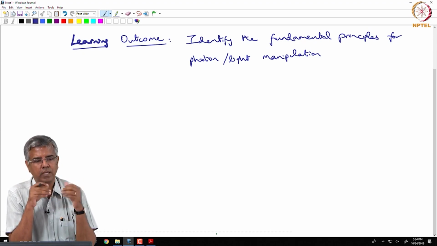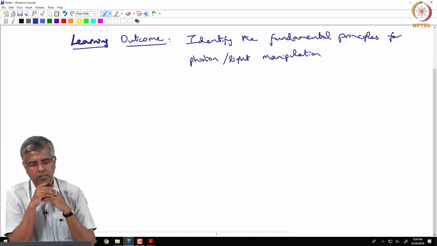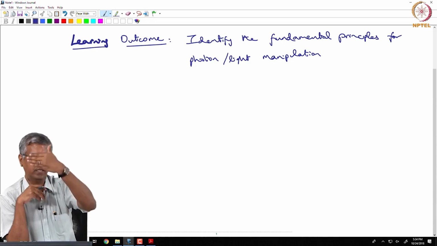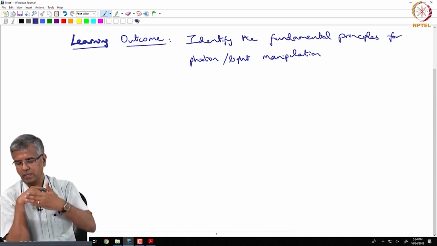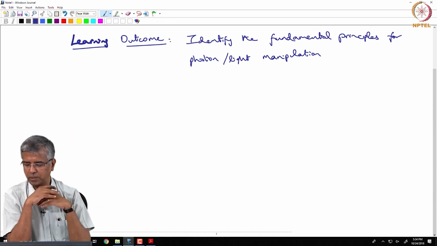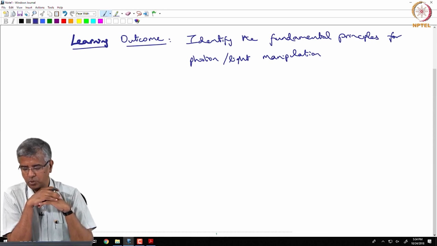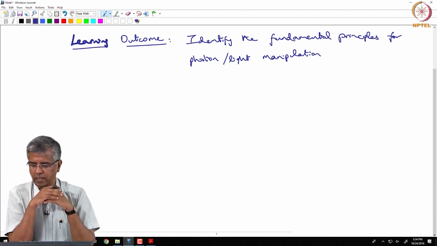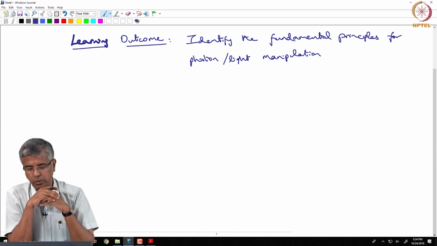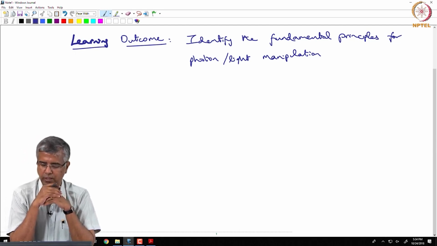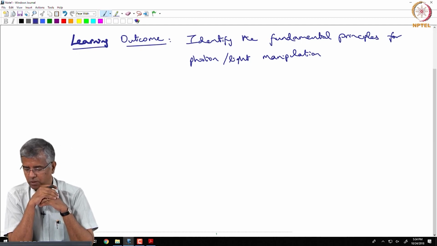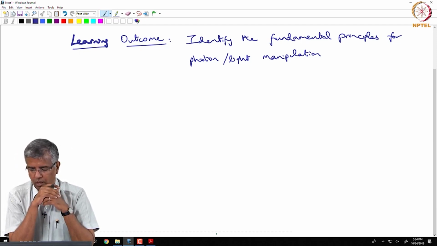You want to block the light for some time and let the light go for some time. Of course, you can block it manually and then take it out, but are there any other faster ways of doing that light modulation? Okay. So those are the kind of things that we are going to be discussing in the next few lectures.